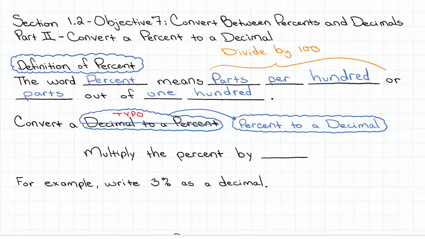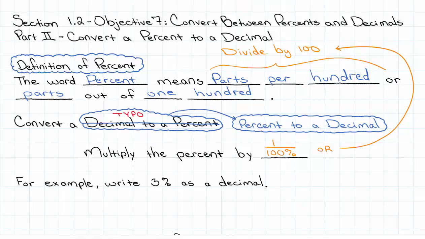Okay. All right. Let's convert a percent to a decimal. In order to convert a percent to a decimal, first we must multiply the percent by 1 over 100%, right? Or divide by 100 and take off the percent symbol.